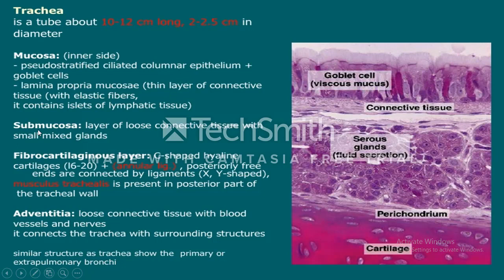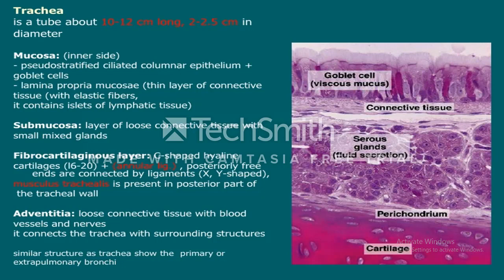Okay? Two, submucosal layer. The submucosal layer of the trachea consists of loose areolar connective tissue and small sero and mucosa glands.